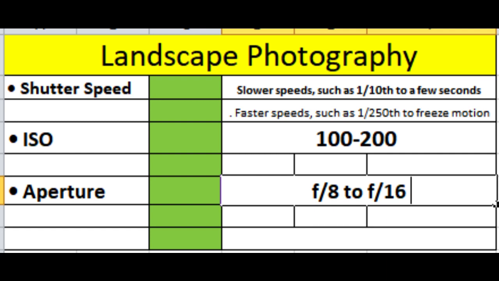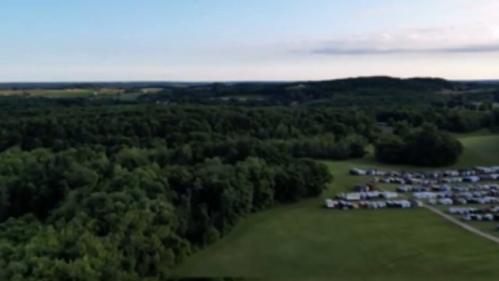ISO: Start with a low ISO setting, such as ISO 100 or 200, for optimal image quality. Adjust as needed based on the available light. Aperture: Use a smaller aperture, larger f-number, like f/8 to f/16 for maximum depth of field, ensuring that the entire scene from foreground to background is in focus.